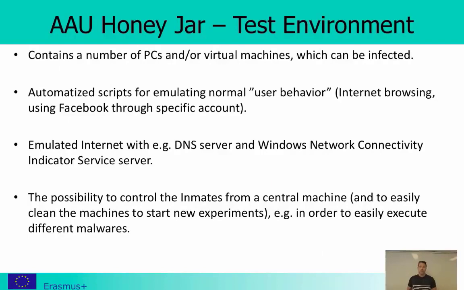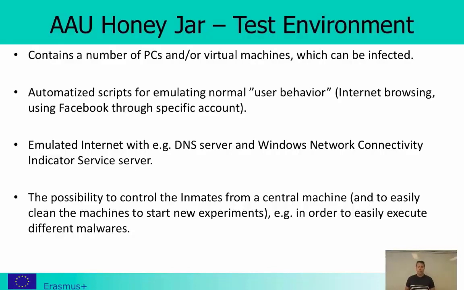So the test environment, if we start on this right side of the figure again, contains a number of machines, PCs, as well as virtual machines, which we can infect. In order to make sure that our malware is actually behaving as it does in the real world, we have also made some automatized scripts for emulating normal user behavior.